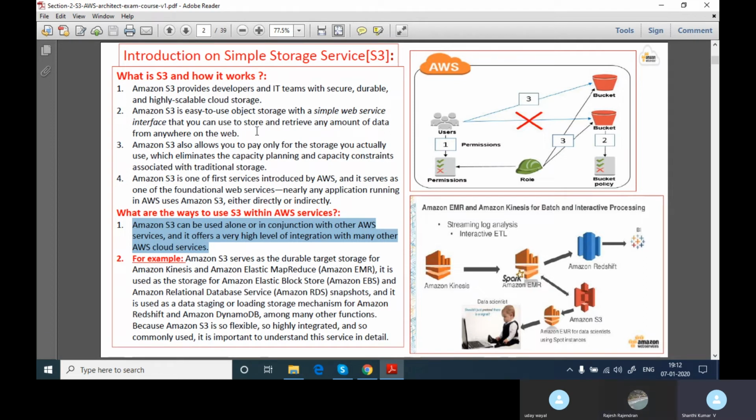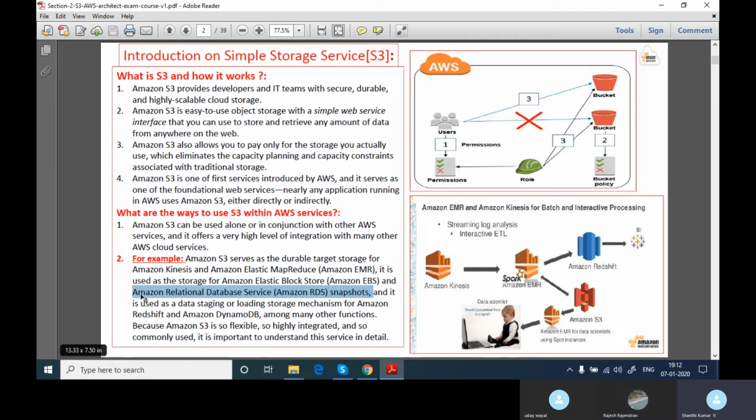For example, S3 serves as durable target storage for Amazon Kinesis and Elastic MapReduce. These are related to data warehouse and big data kinds of technologies. EMR, Elastic MapReduce, is part of big data. S3 is also used as the storage for Amazon Elastic Block Store and Amazon Relational Database Service snapshots. Basically, RDS is related to relational data services, where DBAs use it for configuring databases like MySQL, MSSQL, Oracle, MongoDB, DynamoDB, Cassandra, so many are there.